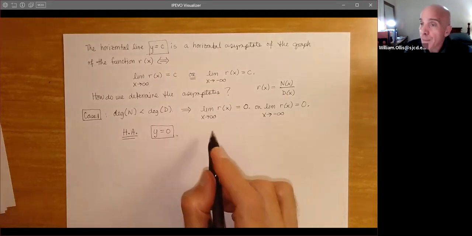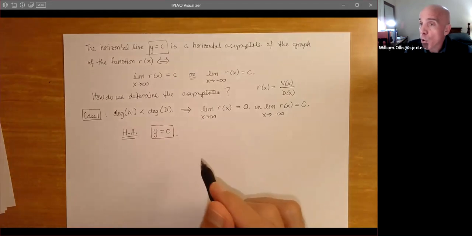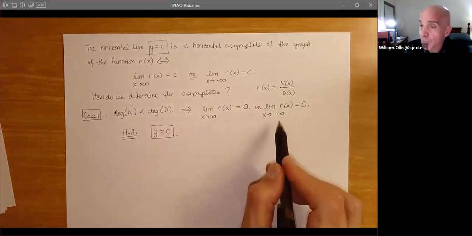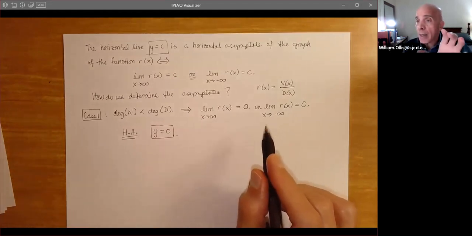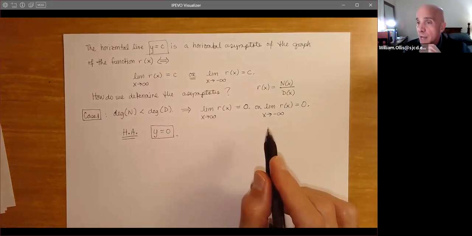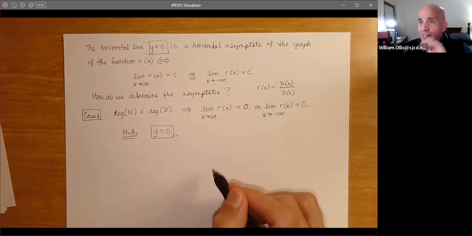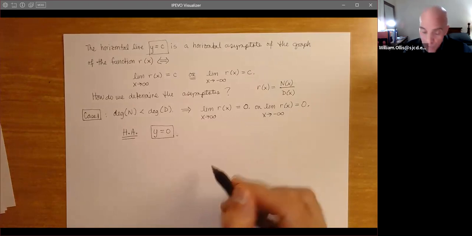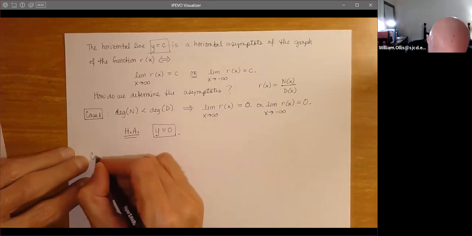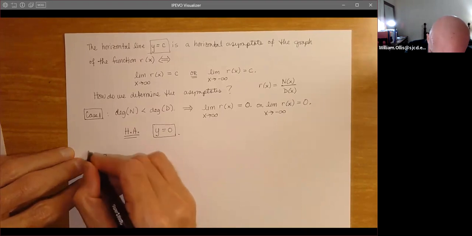If that's true, then as X becomes large, either positively or negatively, the numerator basically vanishes relative to the denominator. And so that's why we get a limit of 0. So that's a really easy result and something that you'll be able to prove in calculus. At least now intuitively, it makes sense to us.